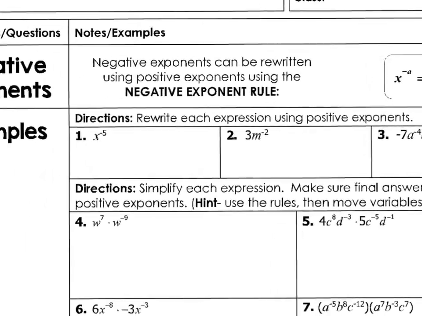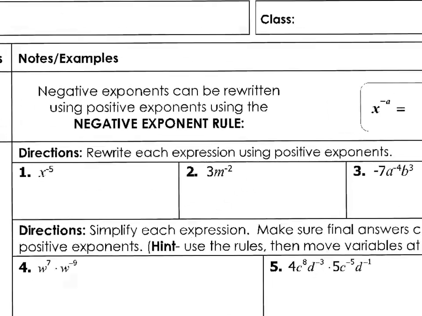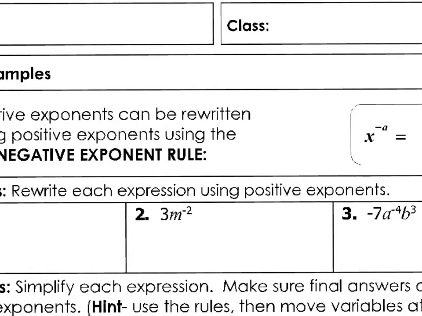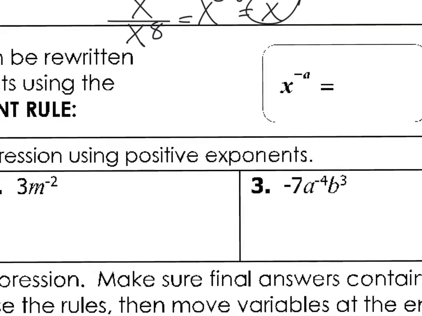So let's look at what if I have x to the 6th over x to the 8th? Well, that would be x to the 6th minus 8, so that equals x to the negative 2. All right, so that's what we're going to look at today. What do you do with a negative exponent?